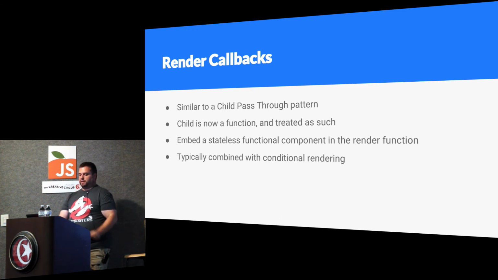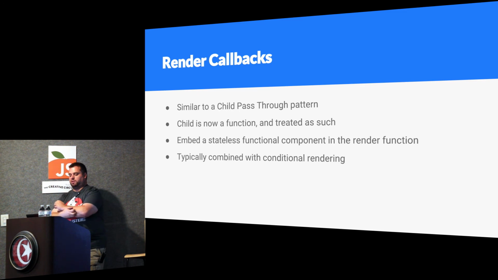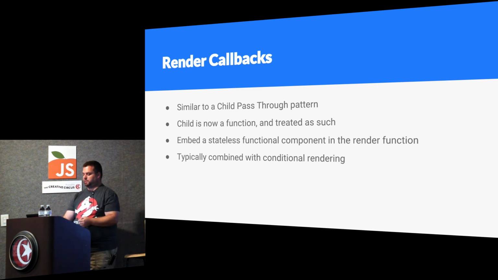Okay, render callbacks. This one is similar to child pass-through. The child is now a function, and it's treated that way. So embedding stateless functional components, essentially you're embedding a stateless functional component in the render function itself, which you'll see in the code example here. Typically it's combined with conditional rendering as well.